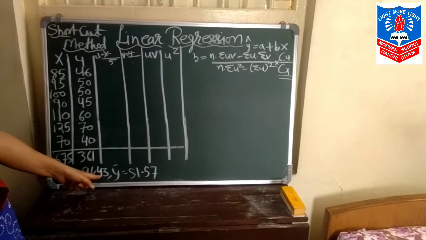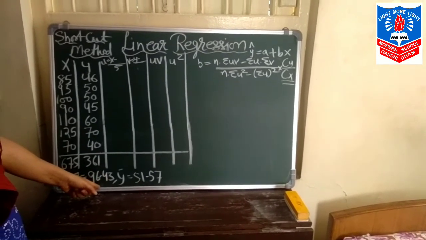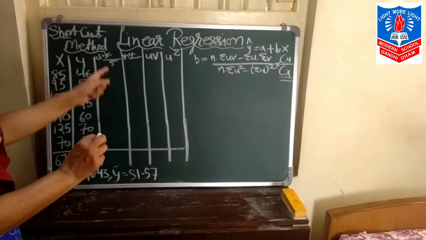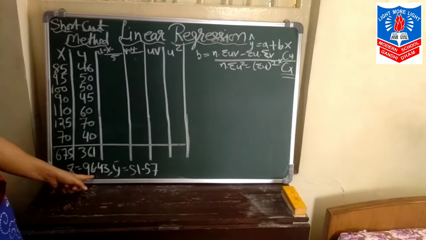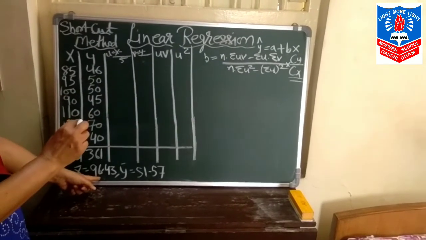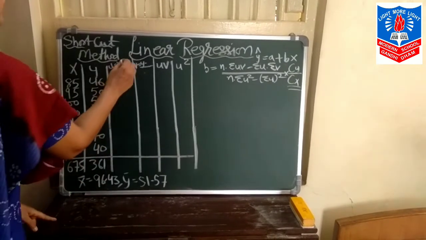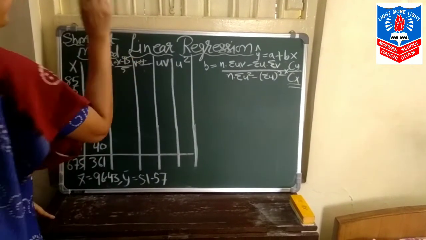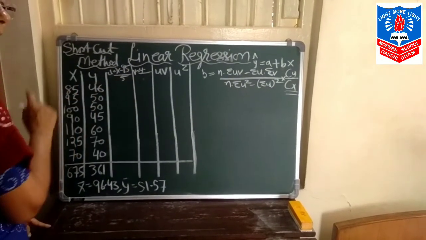Now here it is 96.43, so either we take 95 or 100. Why? Because that number also should be exactly divisible by 5. So as we discussed, we take the value nearer to x bar. So here I am taking 95. So here it is x minus 95 divided by 5.